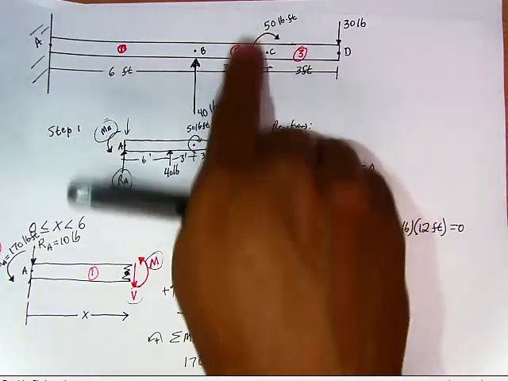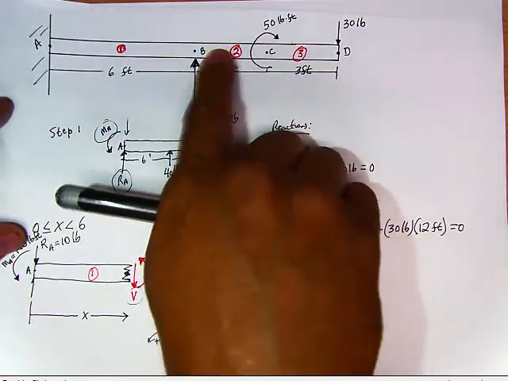Let's make a cut somewhere along our second segment, which is somewhere here. We're going to slice it. We don't know where. All right.